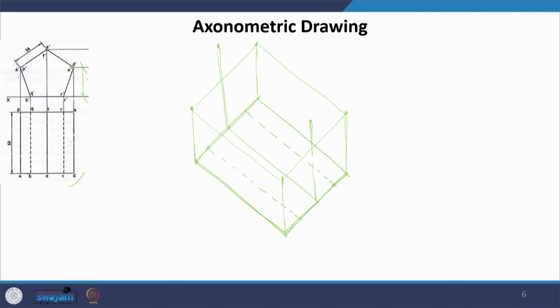Okay. And now all we have to do is join these. So, I will start joining from the front. This is what we will see from the front, and now we can draw the parallel lines.